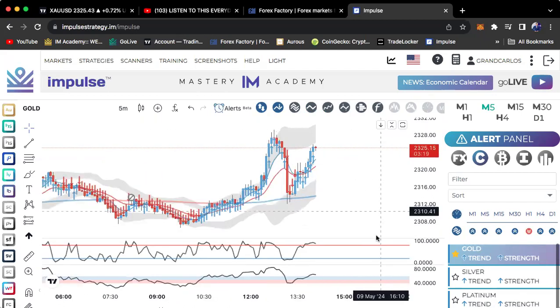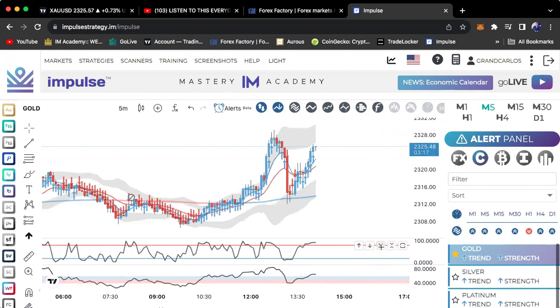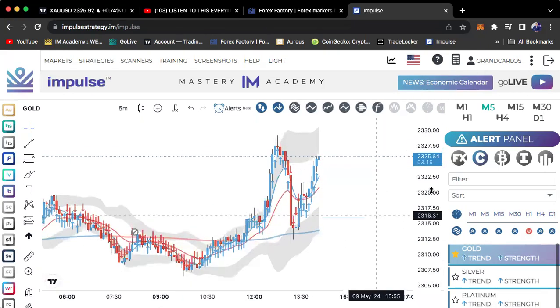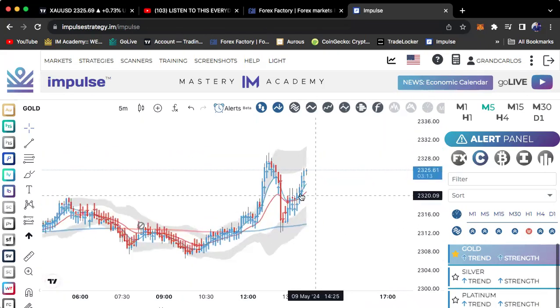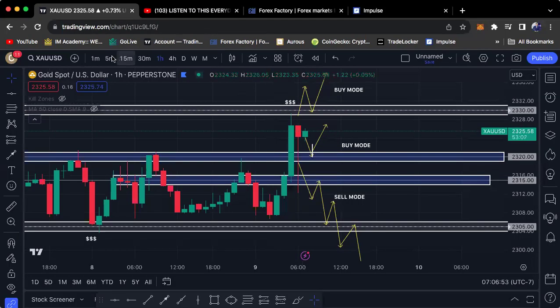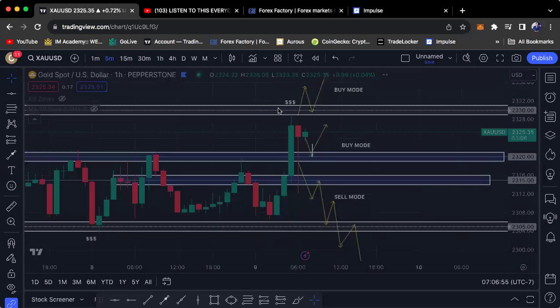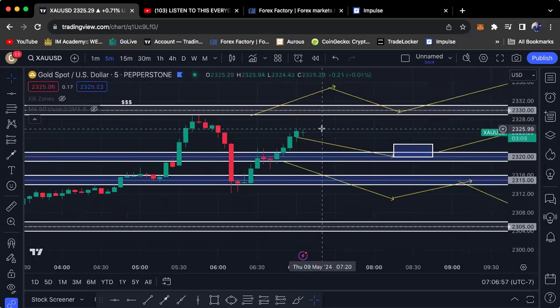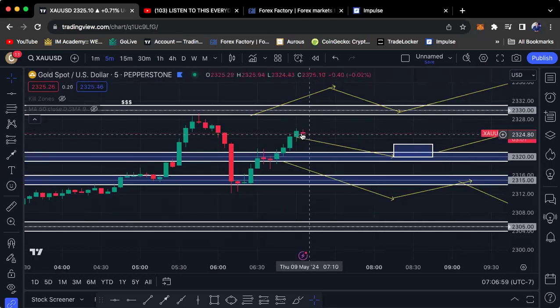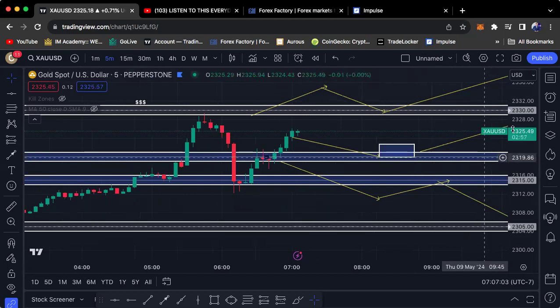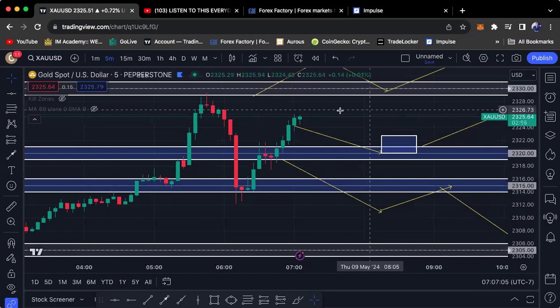Yeah, it's still giving me blue signals, guys. It's giving me blue signs on Impulse. But now it's looking like it's going to come back down to retest. Just waiting for that bearish candle to form.